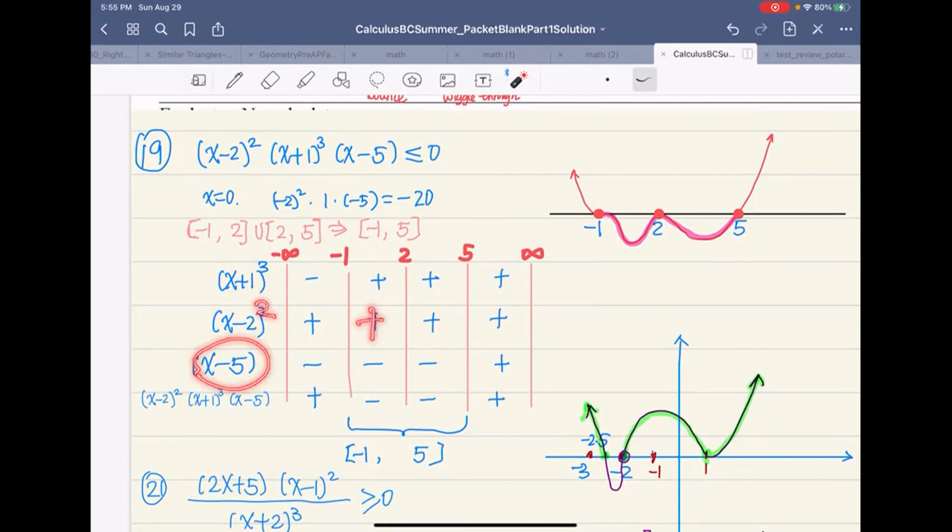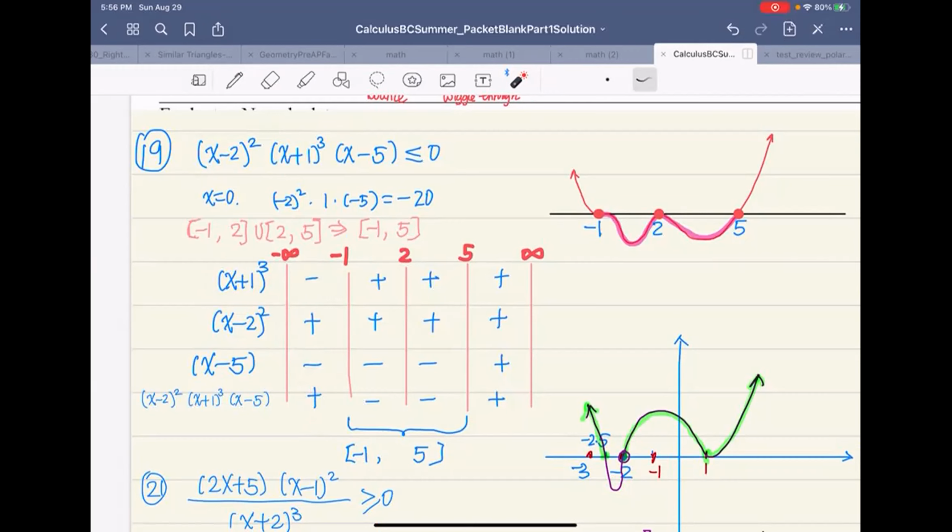X minus 5, you are less than 2, of course, you are less than 5, so this is negative. Your product is negative. When x is between negative infinity and -1, well, you are less than -1, so this guy is negative. Negative, positive, negative. So that product is positive.